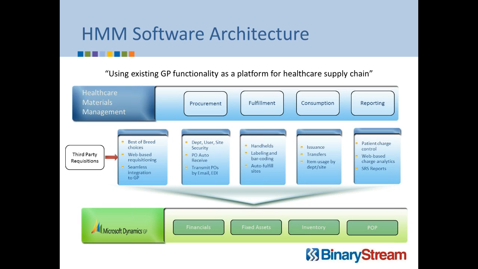Because this solution is a best-of-breed solution in the Great Plains world, we decided not to build a requisition product per se, and so what we do is we offer integration to all 3 of those best-of-breed products. So again, when you look at Great Plains as a platform, we transform it and we give you a best-of-breed solution for healthcare materials management.